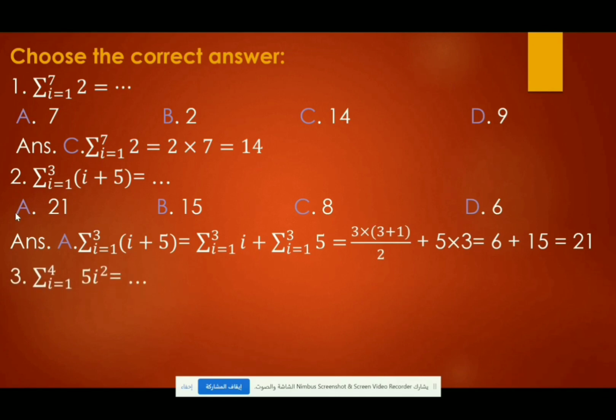The last question is summation from 1 till 4 of 5i squared equals what? We have these choices: 20, 150, 30, and 9. To solve it, use the properties again.